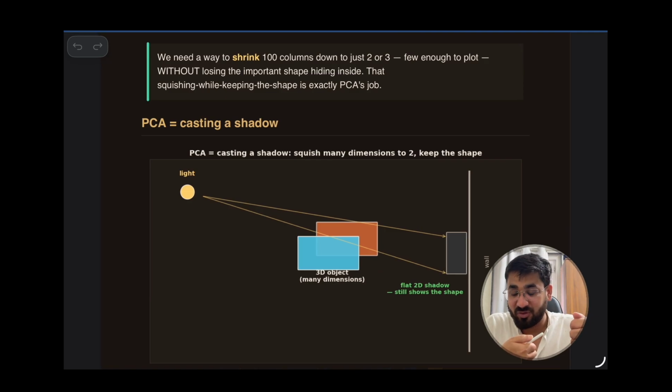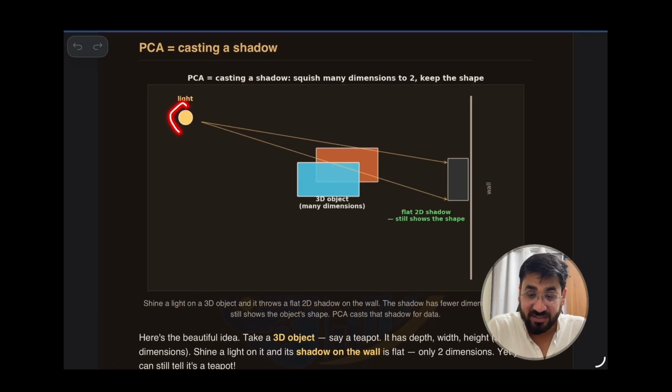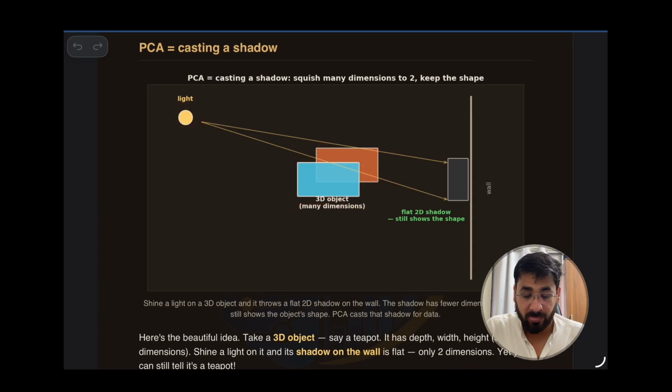As I demonstrated this example, now it is in the picture. Right now this is the light and this is the 3D object. You can take it as a cube, and this is the wall, and what we are getting is this shadow, a 2D shadow of the 3D image.